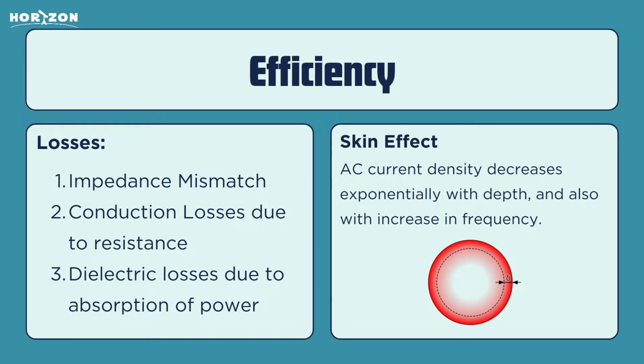There is also a phenomenon called the skin effect, where the alternating current in a conductor becomes distributed such that the current density is largest at the surface and decreases exponentially with depth. So you can see here in this picture, the brightness of the color is the current density at that point. So it's highest at the surface and it decreases as you go down.